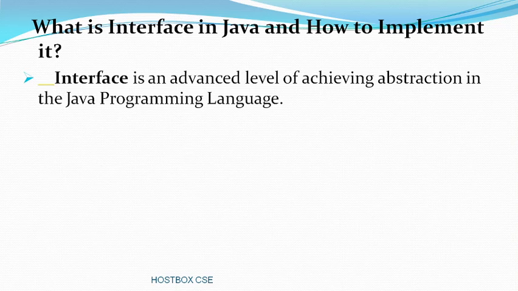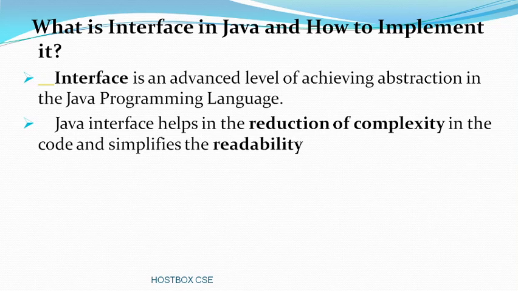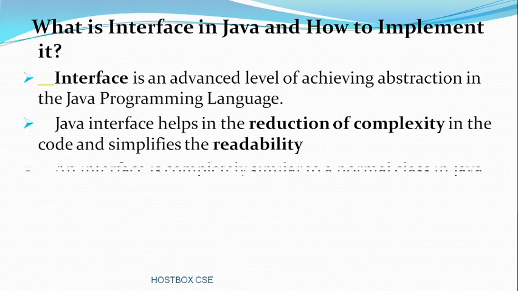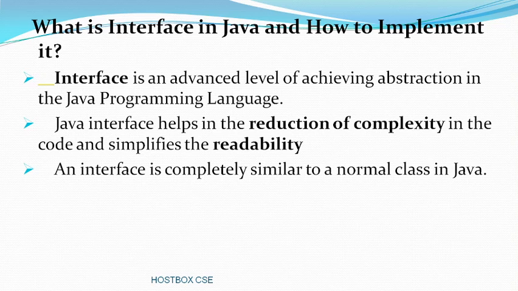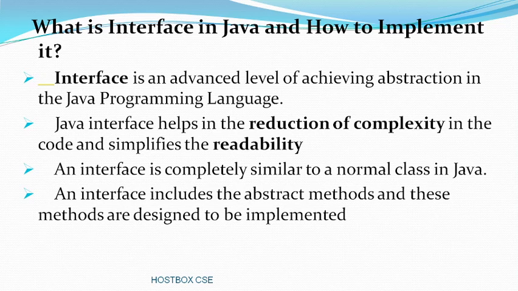The upcoming slides will show it. First, what is an interface? We can say it is an advanced level of achieving abstraction in the Java programming language, and it helps reduce complexity in the code and simplifies readability. An interface is similar to a normal class in Java, and it includes abstract methods, which are designed to be implemented easily.